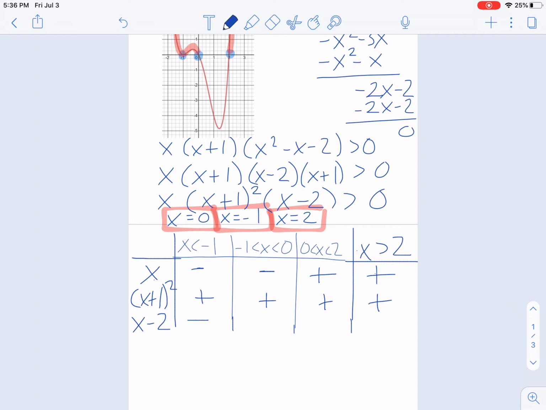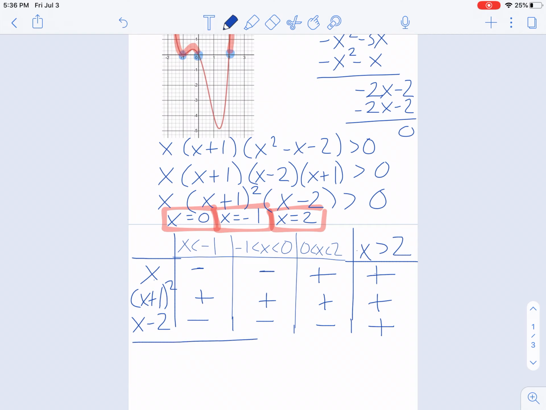If x is between -1 and 0, so something like -0.5, -0.5 minus 2 is still negative. If x is between 0 and 2, so something like 1, 1 minus 2 is still negative. And it's not until you get into values greater than 2 that x - 2 becomes positive. Think of an example like x equals 3. 3 minus 2 is positive.